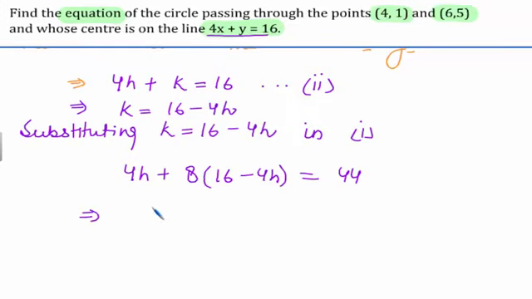So this implies 4h plus 128 minus 32h is equal to 44.